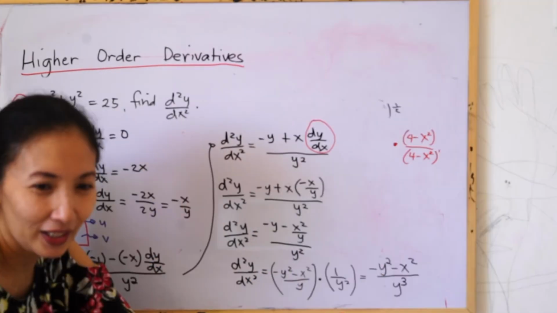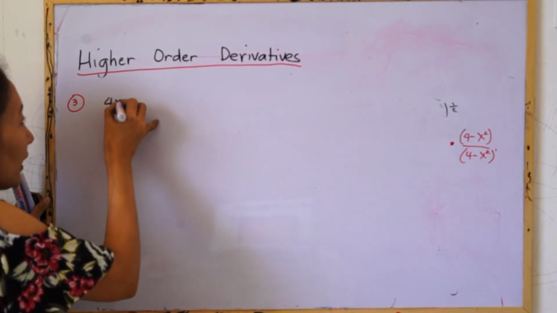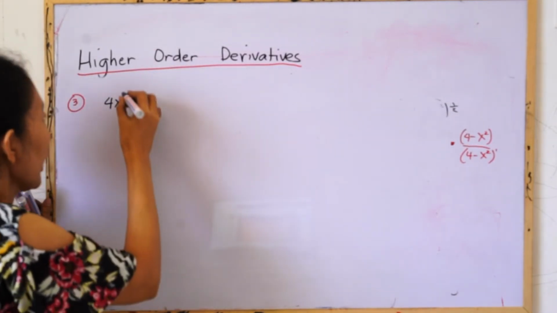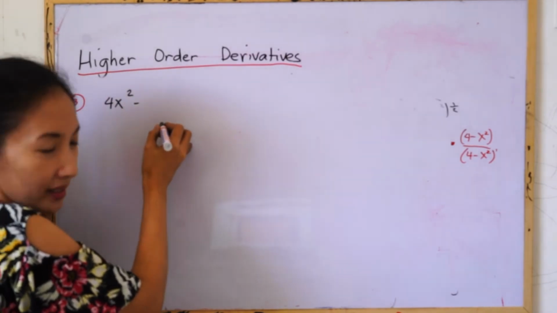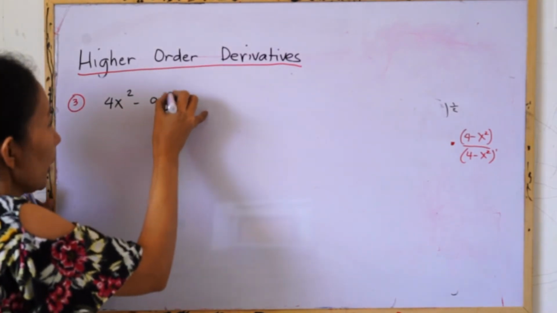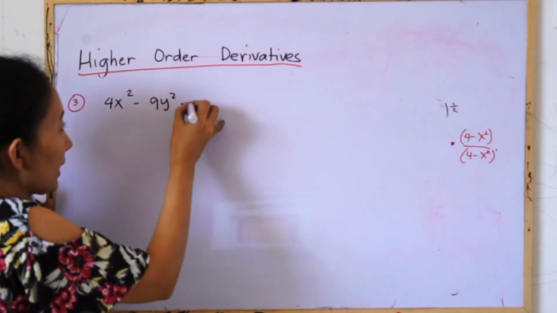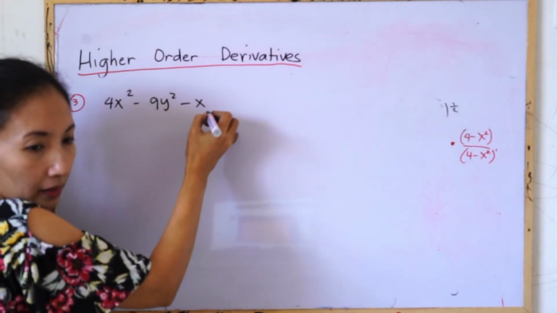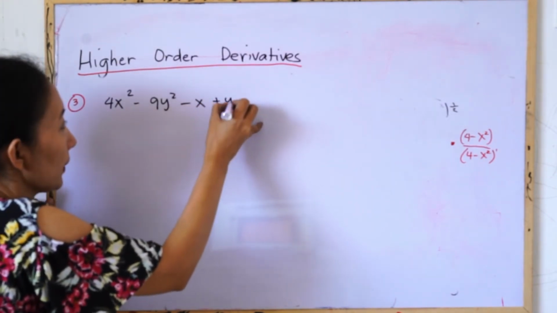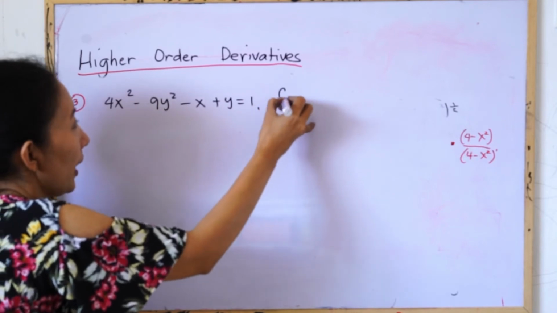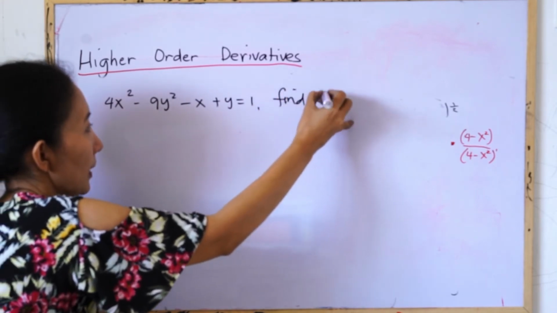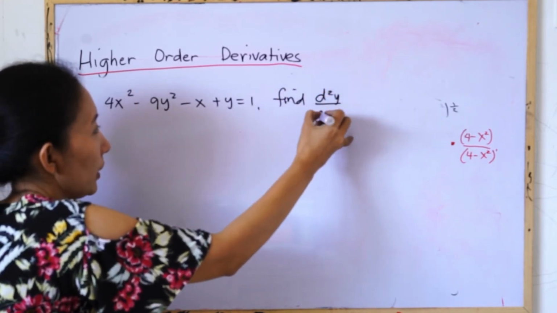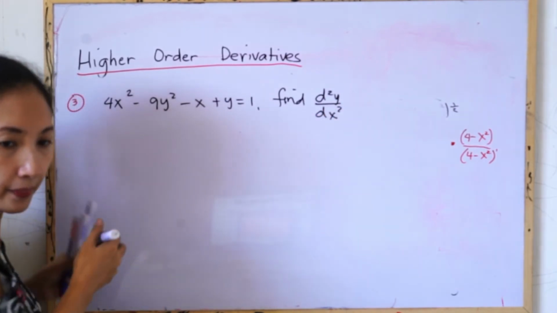Okay, let's answer the next problem. 4x squared minus 9y squared minus x plus y equal to 1. Find the second derivative of y with respect to x.